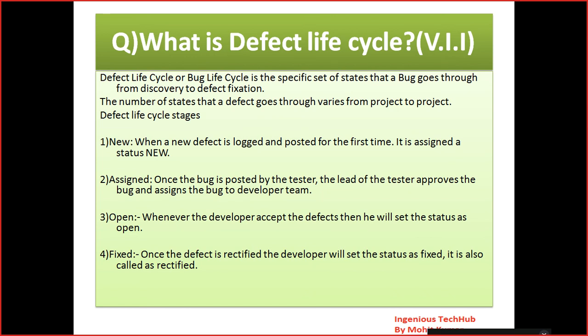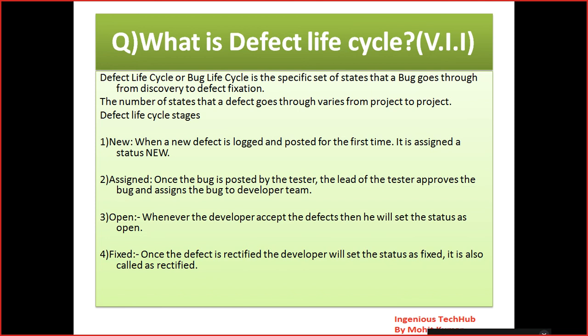The number of states that a defect goes through varies from project to project. Again I told you, every project or every company might use different ways, but the concept is the same.